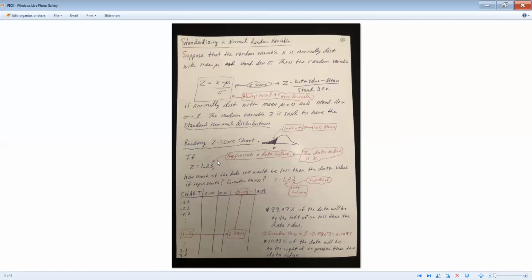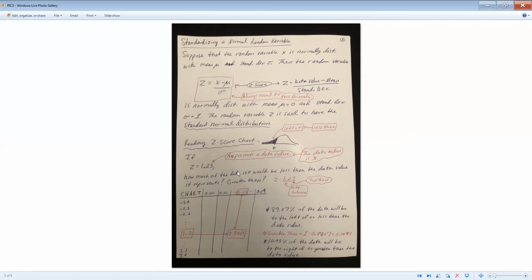All right. So we're also going to have a z-score chart, and I did a little rough sketch right here, in which it will start at negative 3.4 on the left side, left column, go all the way to positive 3.4, and then on top, it will be 0.00, which will represent your hundredths place, and go all the way to 0.09.